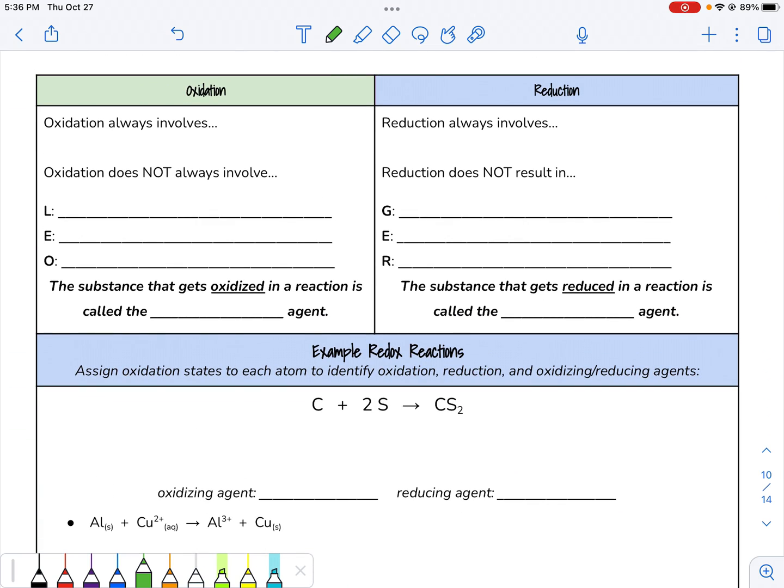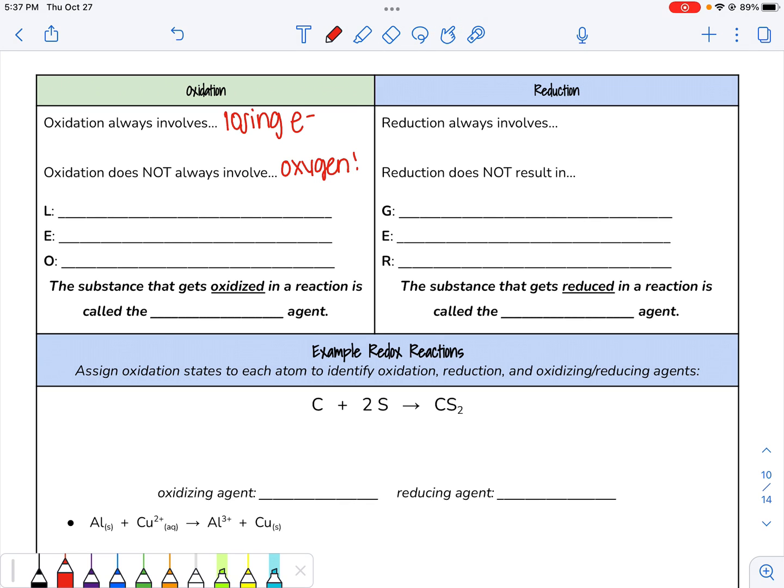Okay, another mnemonic I can give you comes into play on this page right here. As some extra notes of things you need to know, oxidation always involves losing electrons. However, if you listen to the name oxidation, it might imply that it involves oxygen, which is actually not true. It does not always involve oxygen.